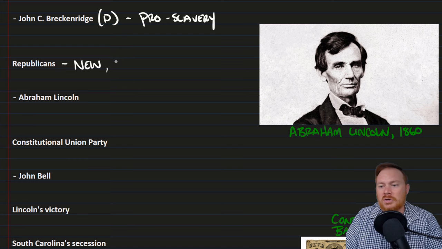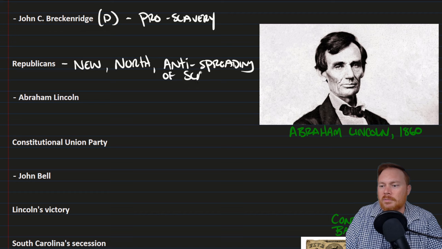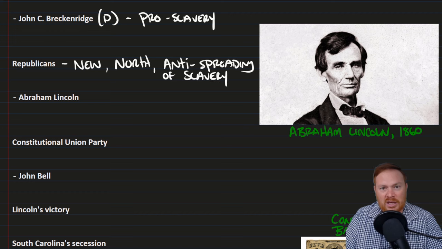The Republicans are a party of the North, and very explicitly an anti-spreading of slavery party. At this point, they're not explicitly abolitionists, meaning they're not calling for an end to slavery inside the whole United States yet. They're simply against the spread of slavery to Western territories.